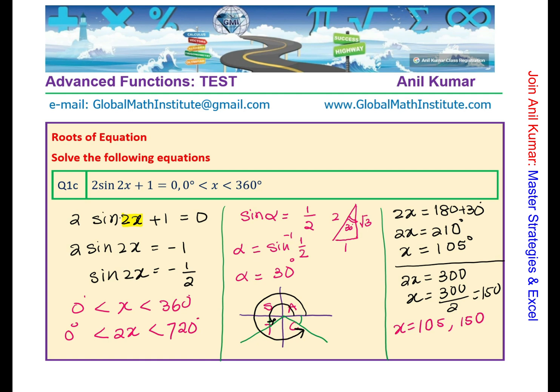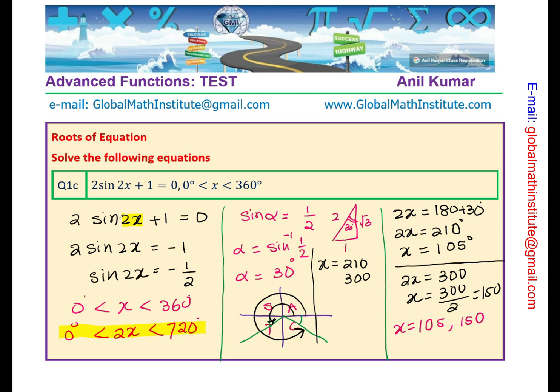The other thing could have been that since we are talking about 2x and this period of 720, we could actually write here, let me do it now like this. So x will be equal to what all? So first will be 180 plus 30, which will be 210, correct? Second will be 360 minus 30, which is 300, correct?